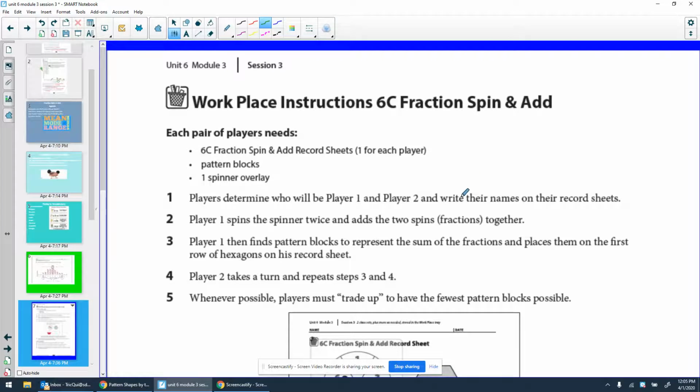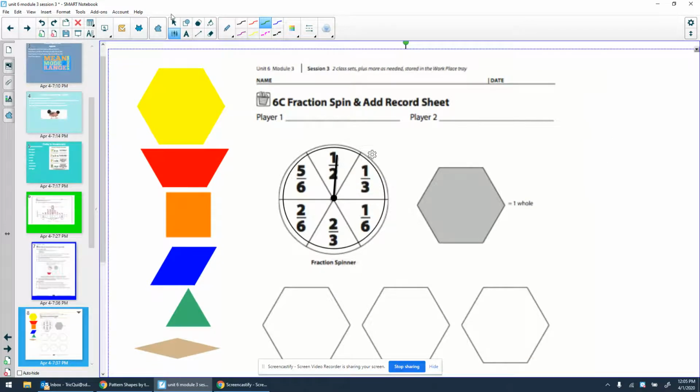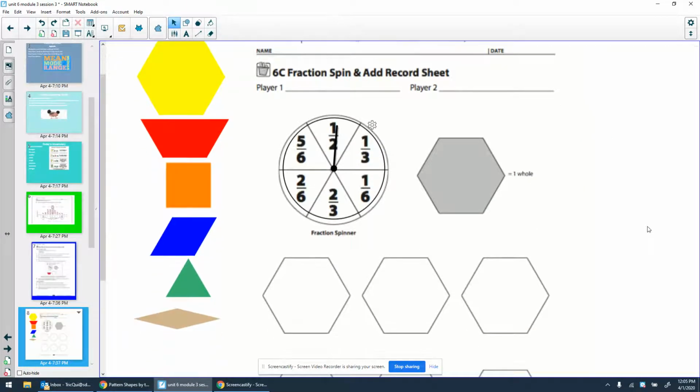All right, so let's play this game. Essentially what you are going to do is just click to the next screen. You are going to take 2 spins, and whoever ends up filling up their blocks first, there are 3 whole blocks here, wins the game. If you go over, you lose.